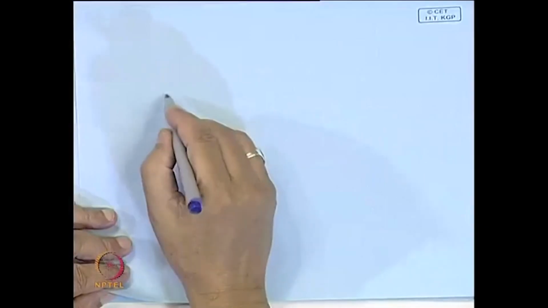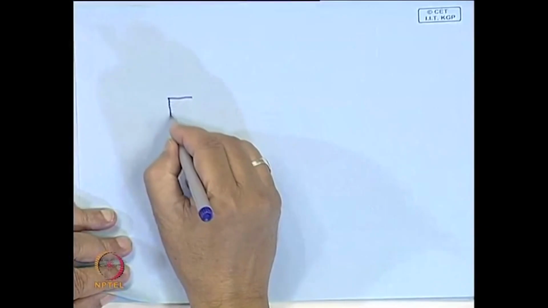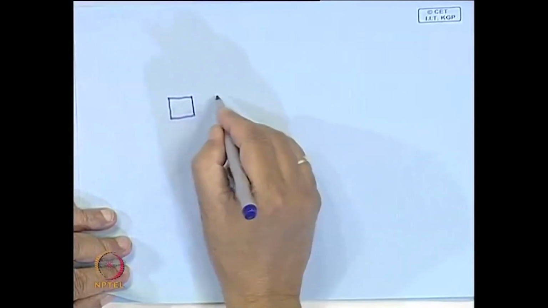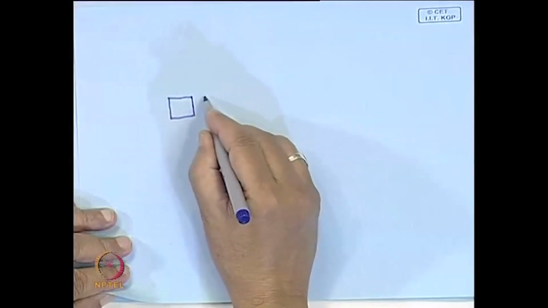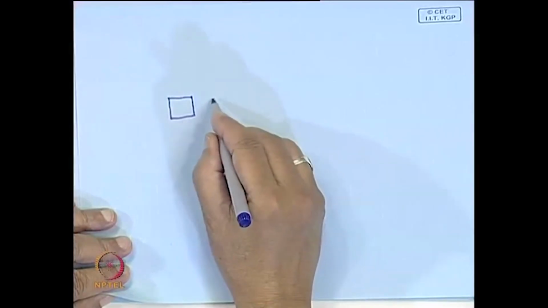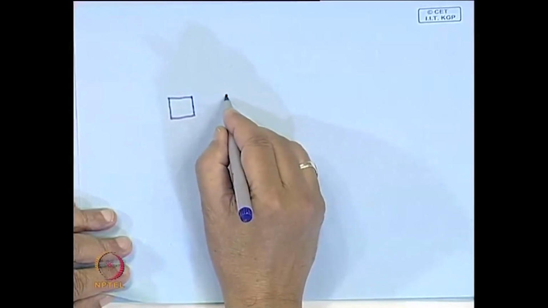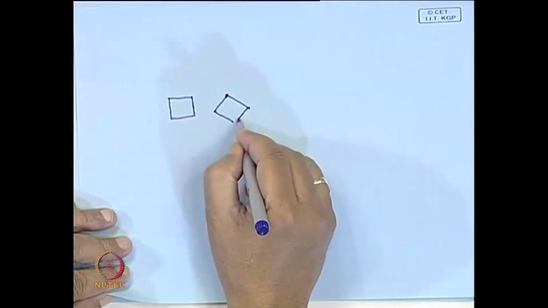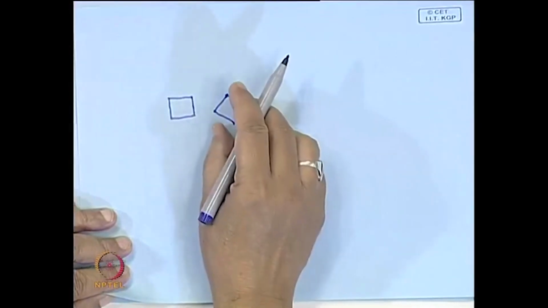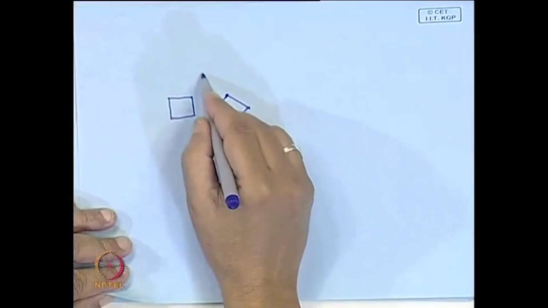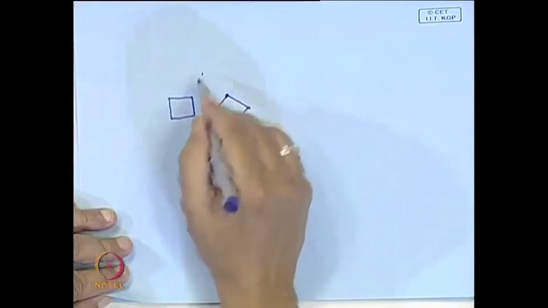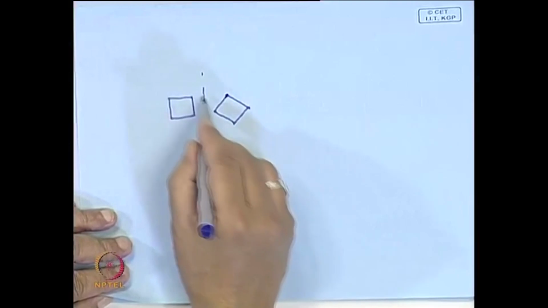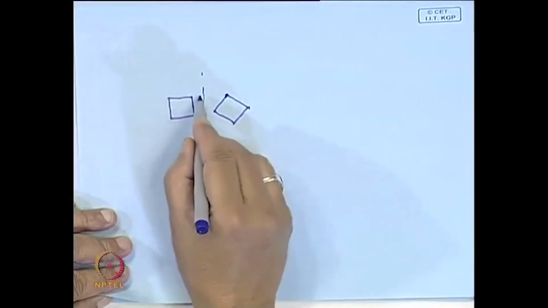They visualize two crystals. Say you visualize one crystal here, and this is another crystal side by side, which forms a boundary. Now, suppose this is the boundary, and the atomic arrangement here is like this.